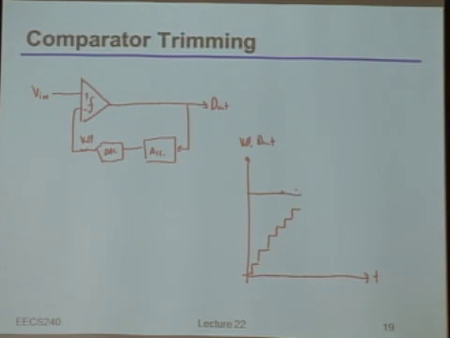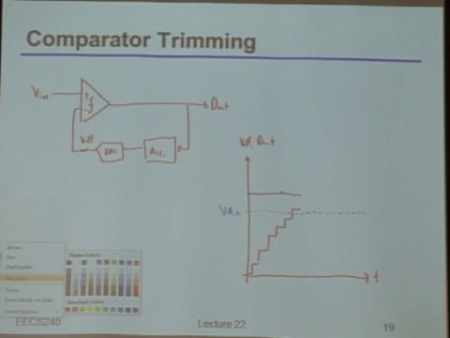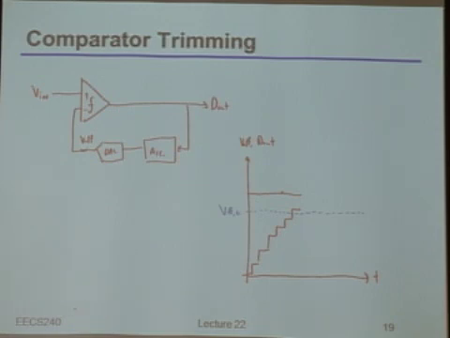Now, let's assume the actual offset is sitting right here. So that's where the real offset of the comparator is. Once the output of the DAC gets above that offset, the next time we evaluate it, the comparator output will go low.